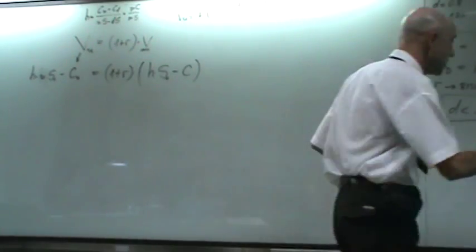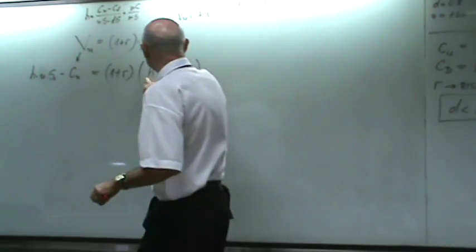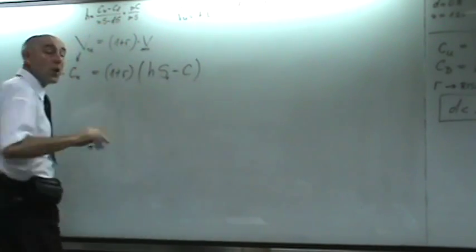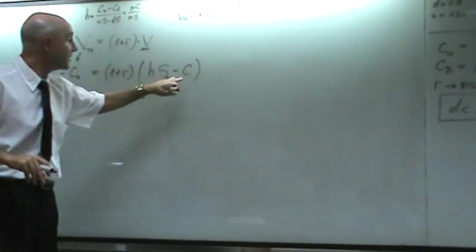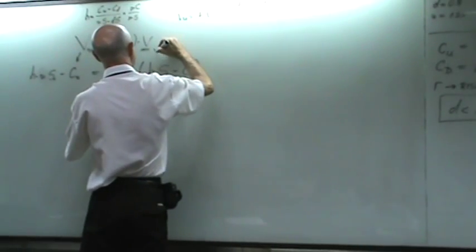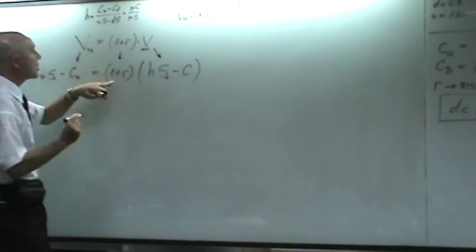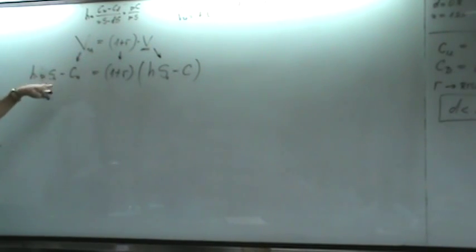I just copied this one here. H times S0 minus call. Okay? Is that part fairly clear? So, for the V, I copy this part. For 1 plus R, I just copy 1 plus R. And for VU, I copy this part.